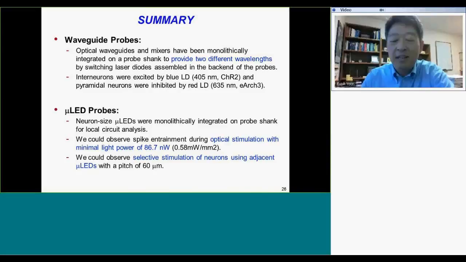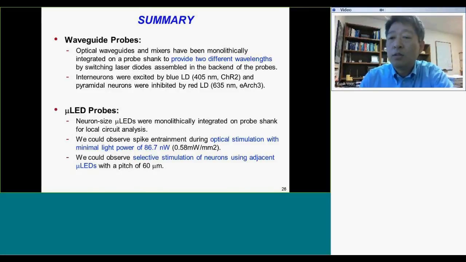Okay, we did it initially. The easy way is just butt coupling: put it together as close as possible. We have pretty good collimated light coming out from the LED, and we can also put index-matching epoxy to guide the light into the waveguide. But our coupling loss is significant, and we are assembling multi-shank, multi-LEDs, so we have to maintain a good yield of the assembly.